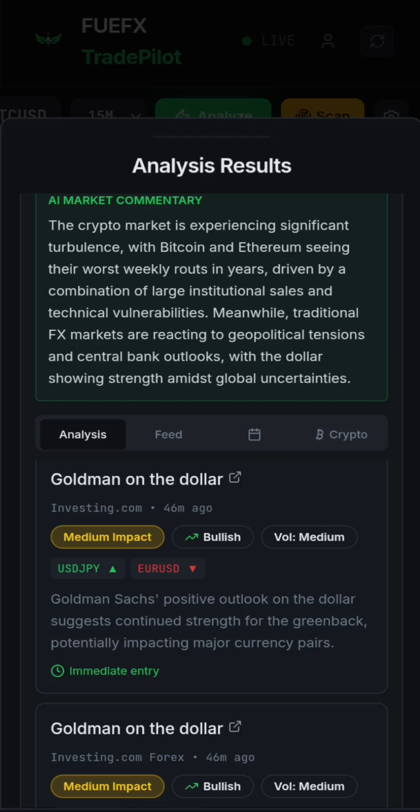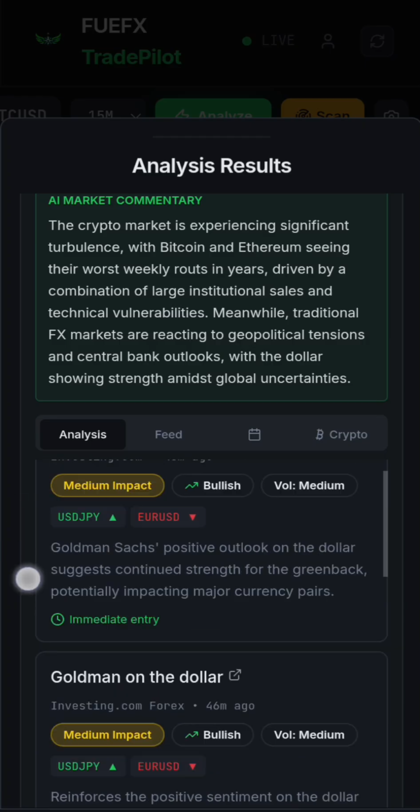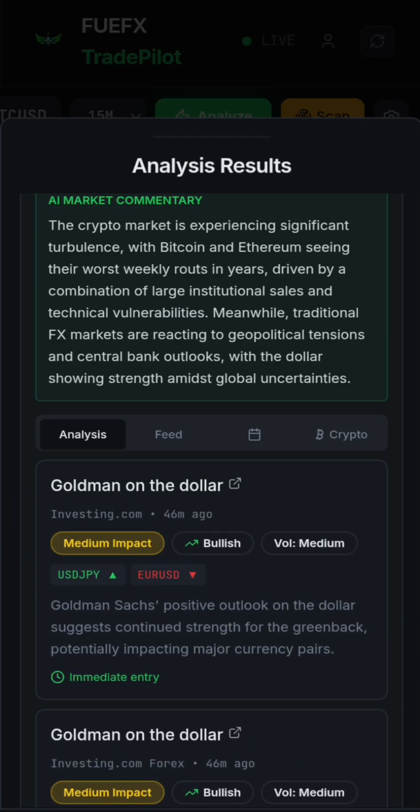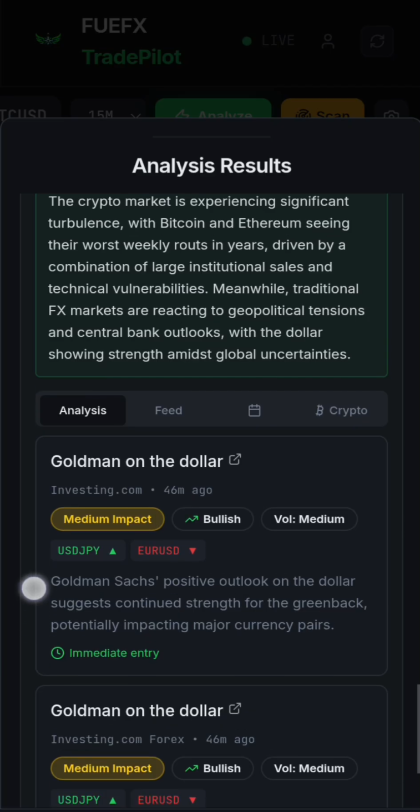It gathers information from websites, magazines, and other economic sources on the internet. Like you can see, investing.com is one of the sources it gets this information from, and it gives you the impact of that particular news on a currency pair.